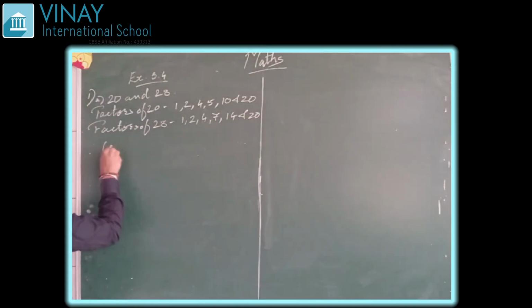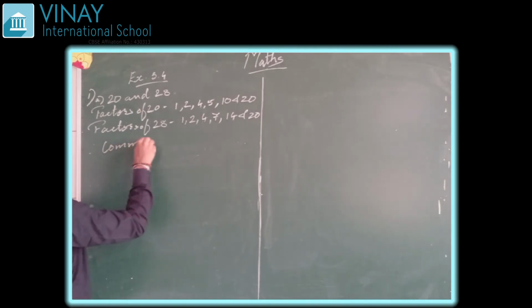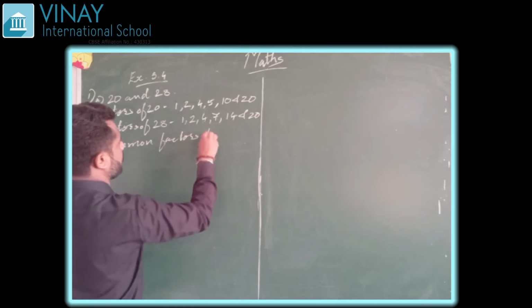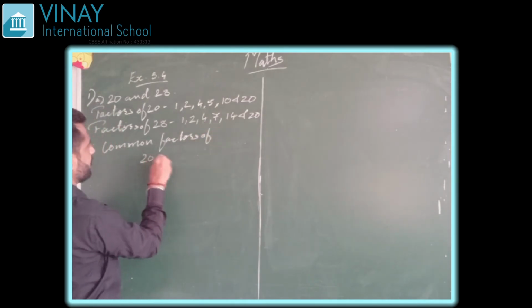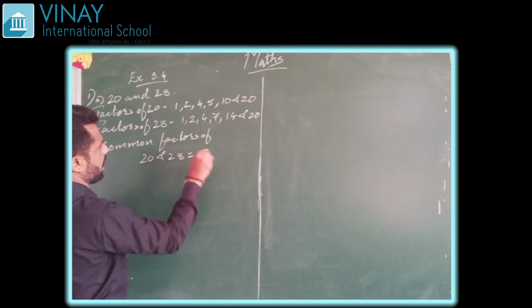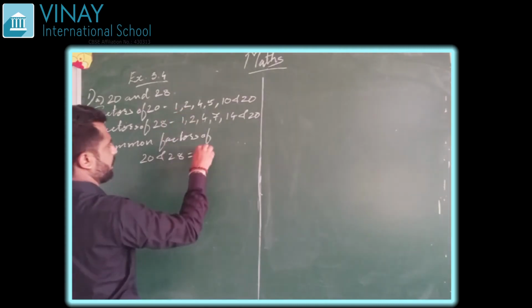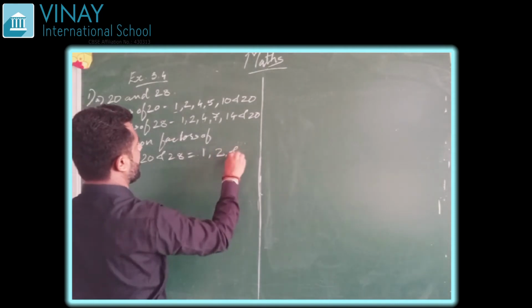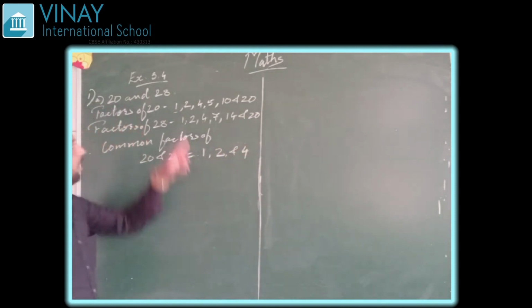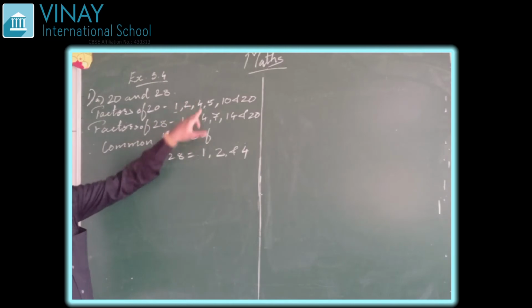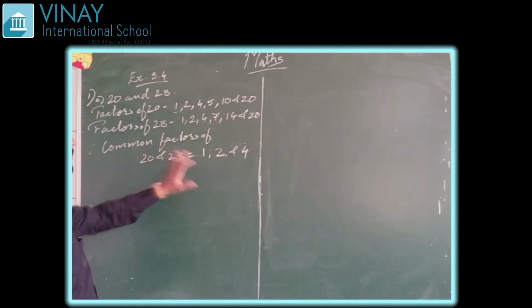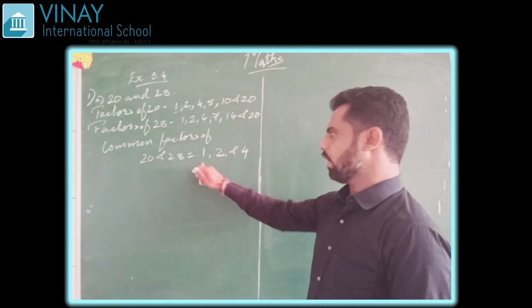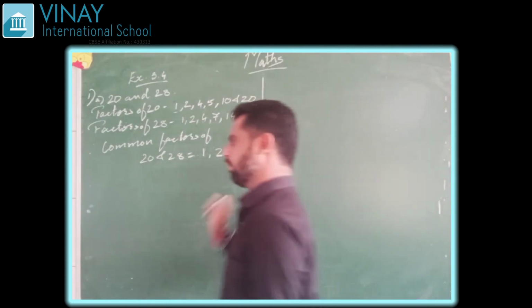Therefore, common factors of 20 and 28 are 1, 2 and 4.